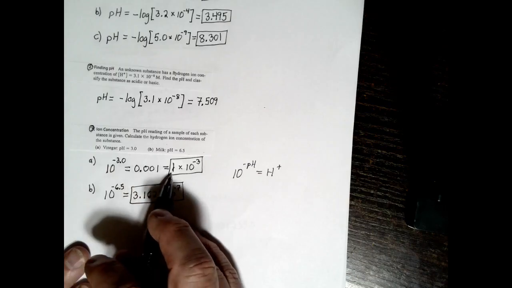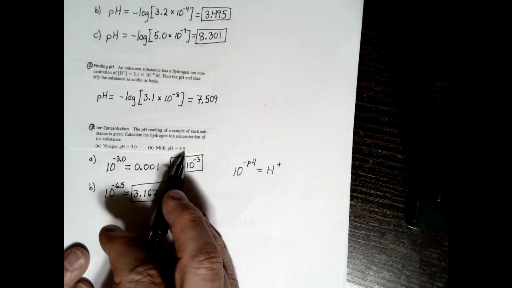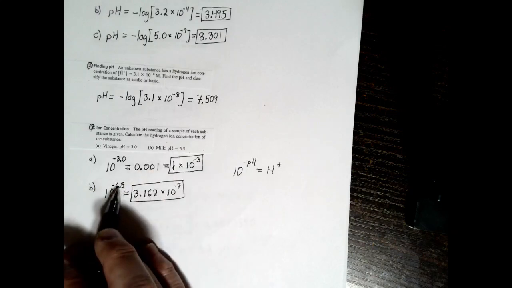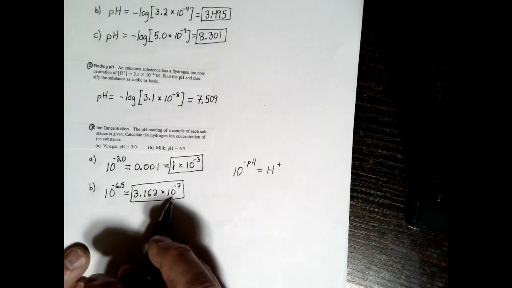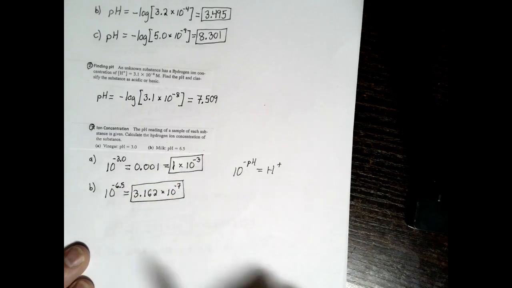So 10 raised to the negative pH, so 10 raised to the negative 3.0 is 0.001, or 1 times 10 to the negative 3. 10 to the negative, whatever the pH is, 6.5, gives you this number, 3.162 times 10 to the negative 7.